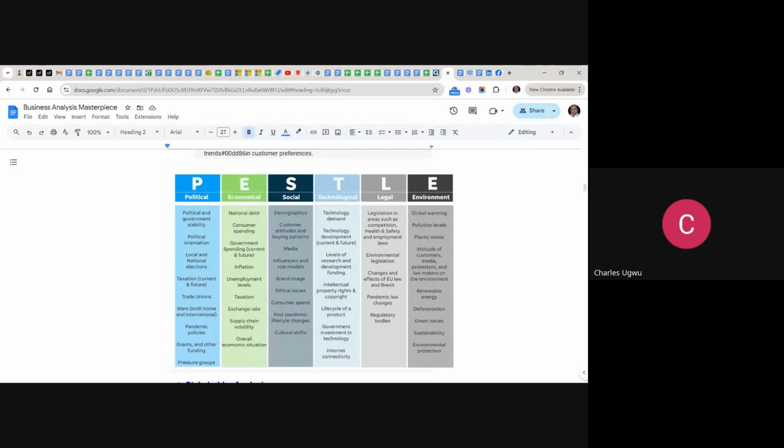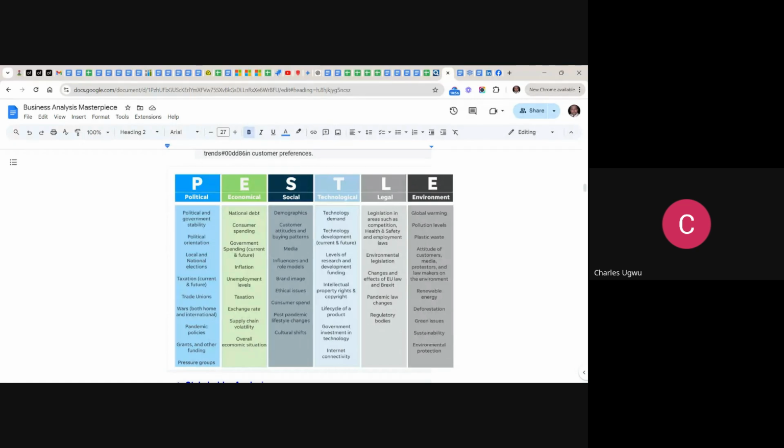I'm not tailoring this to any particular project now. These are just generic environments we need to know. You must look at some of these things as they affect our particular project or our domain.